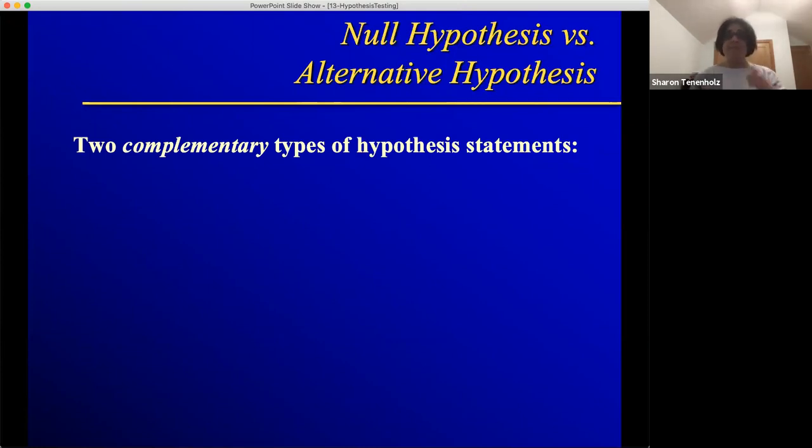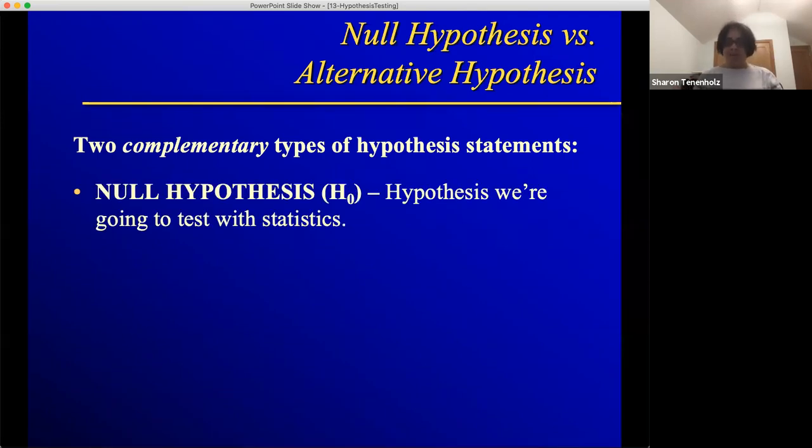What I mean by complementary is that one or the other must be true. They are directly opposite one another. So if one is false, the other one must be true. There is no way around it. They cover all possibilities, so it's one or the other.